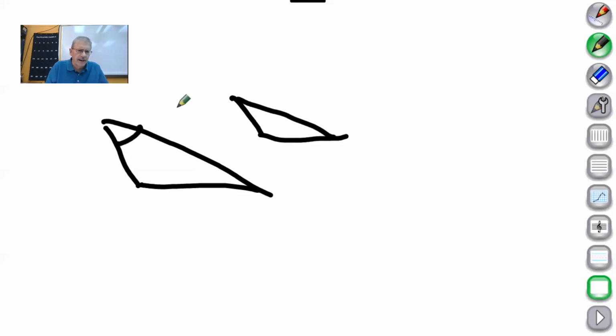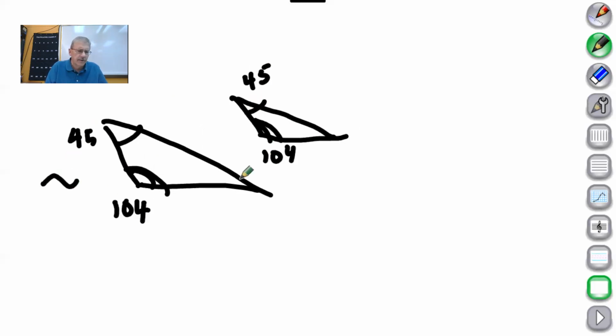So they drew one line here saying this is 45, so we know this is also 45, right? And they drew this with 2 lines and this with 2 lines. So this angle right here was 104, so we know this angle right here is 104 if these are similar to each other.